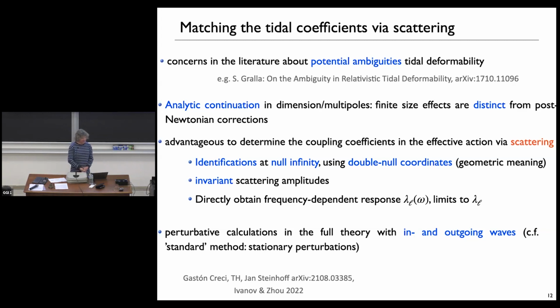And in this case, scattering just means, instead of considering how an object responds to a stationary perturbation, we ask how it responds to a wave-like perturbation, and then we extract the amplitudes of the in and outgoing waves at null infinity and make the identification with the effective theory there. So it's quite similar to the usual methods, but working just with in and outgoing wave bases. It's not a quantum mechanical scattering in that sense. It's really a classical scattering, just using different basis states.